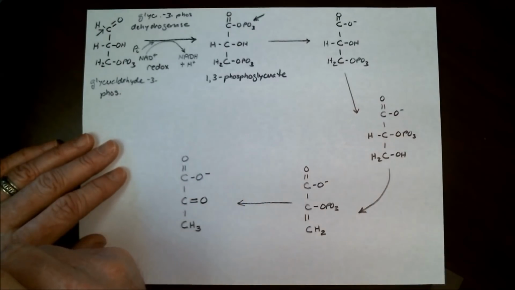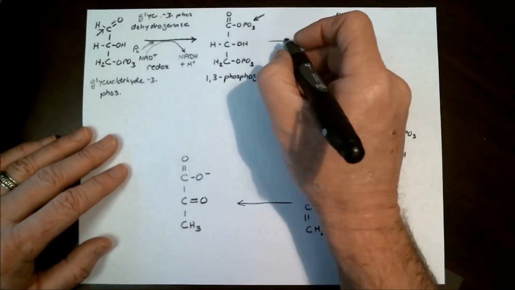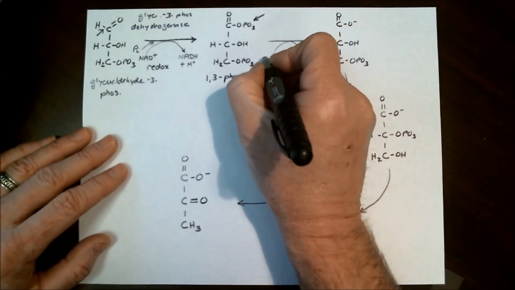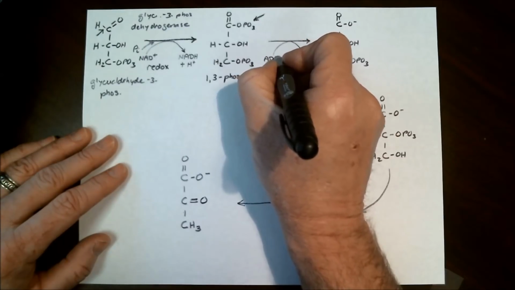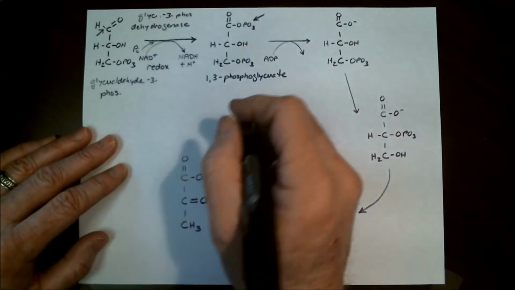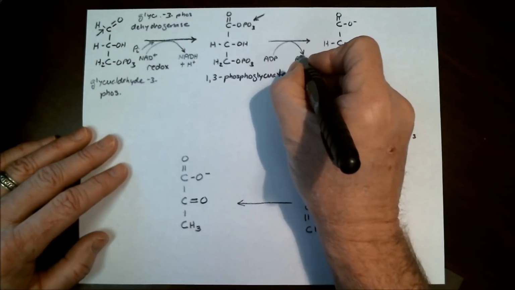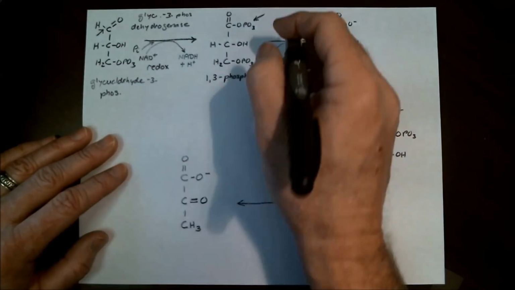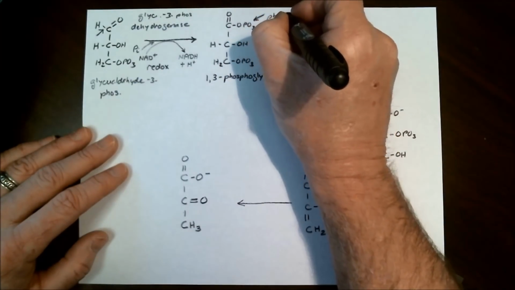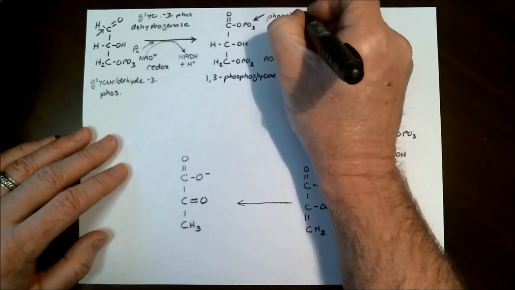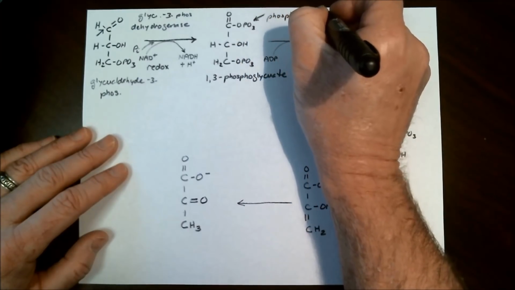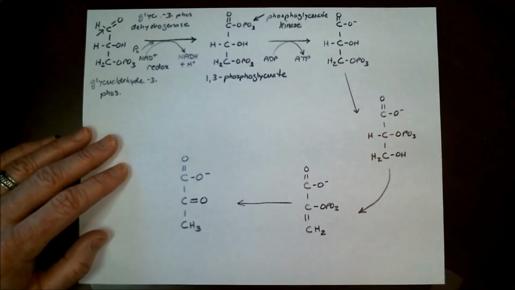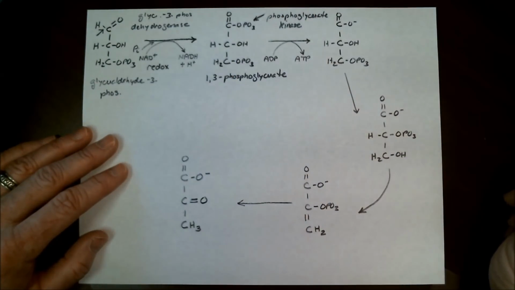So now the next reaction is going to be one of our energy harvesting reactions. So in this reaction, we are going to undergo a substrate level phosphorylation of ADP to form ATP. The enzyme that performs this, as you can imagine, is a kinase, and it's called phosphoglycerate kinase because it is phosphorylating, a substrate level phosphorylation.